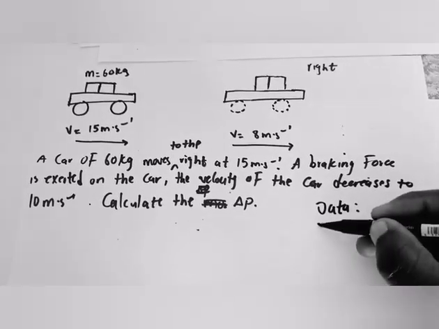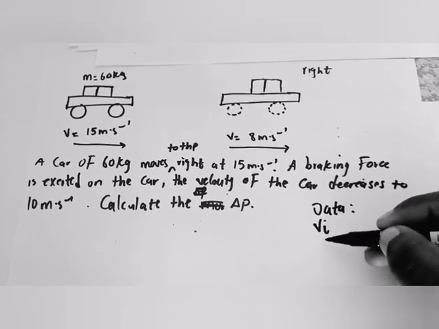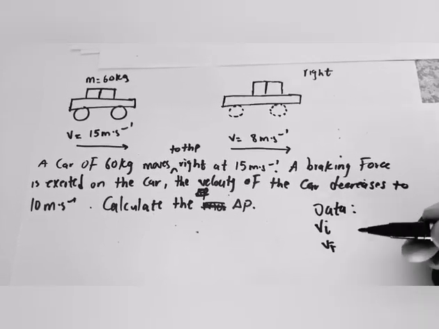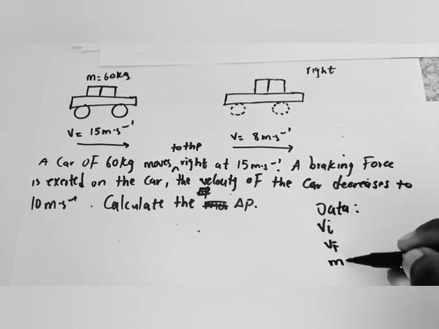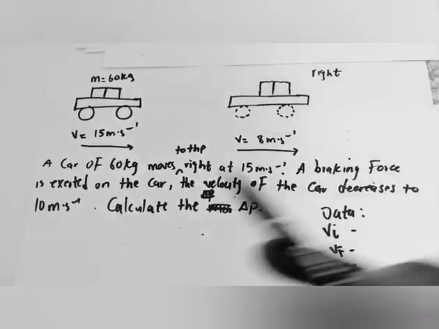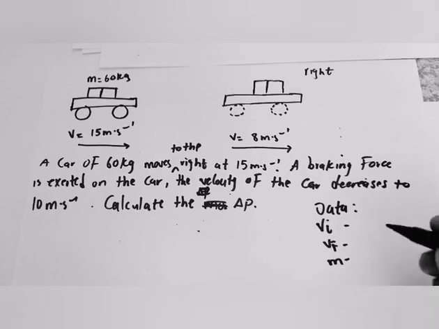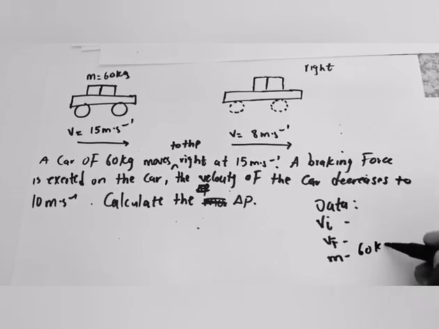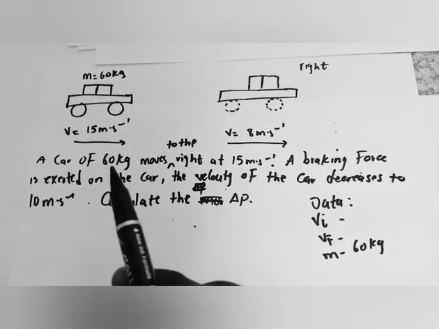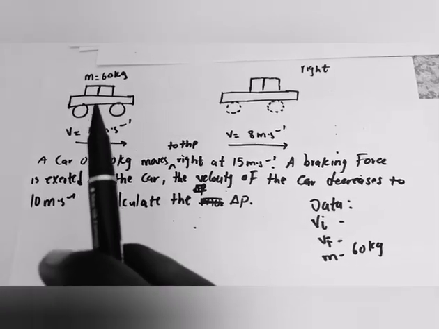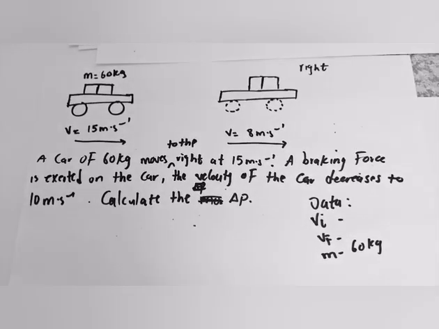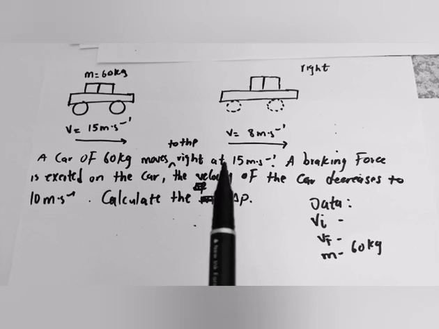Now the mass, initial velocity, and final velocity: before you can perform your calculation, make sure that you take your data. The mass is 60 kg, so that 60 kg is car A and car B, that's the same car.